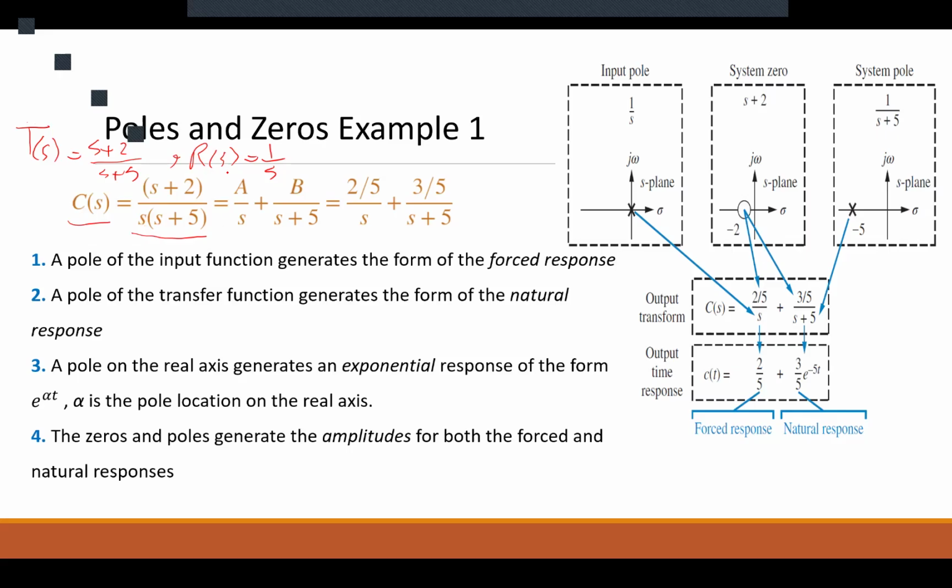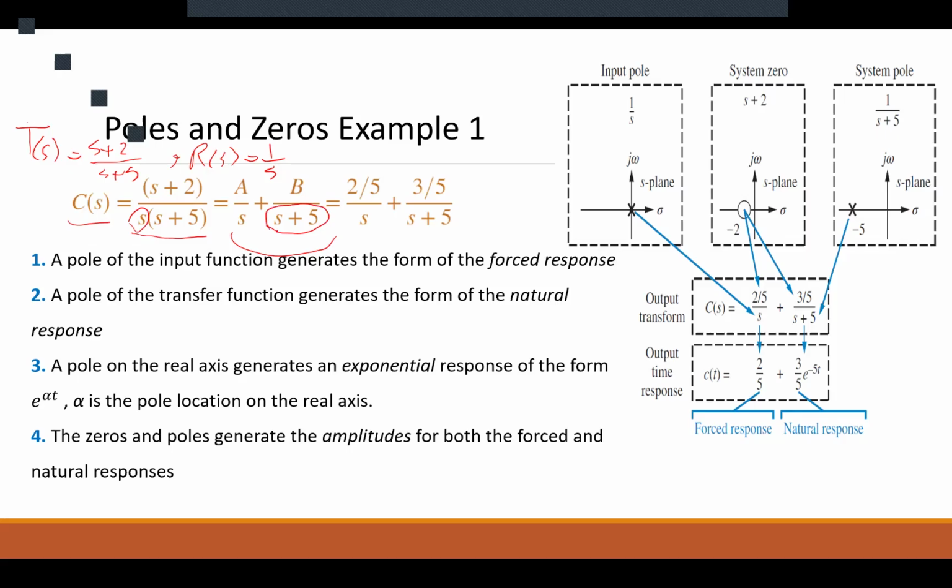When we have the function for our output, we want to use the linear characteristics of the Laplace transform. So we are going to separate all the terms in the denominator. We are going to have one term which has a denominator of S and another one that has a denominator of S plus 5.